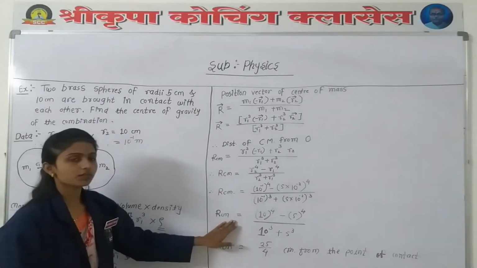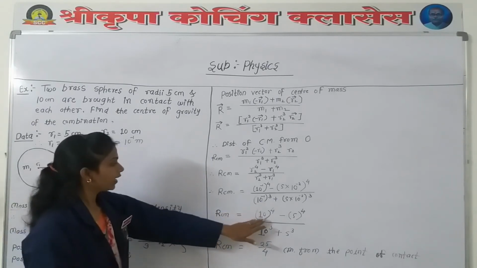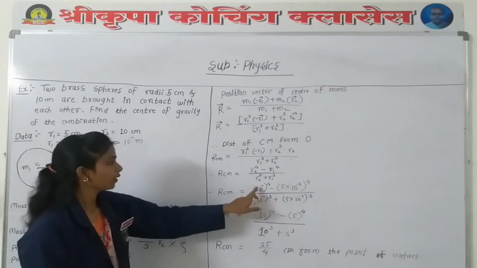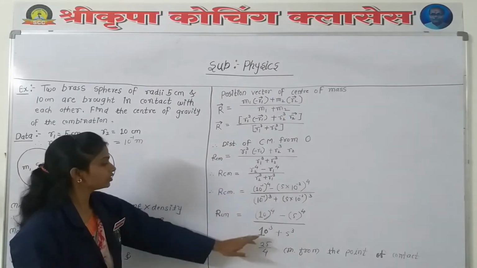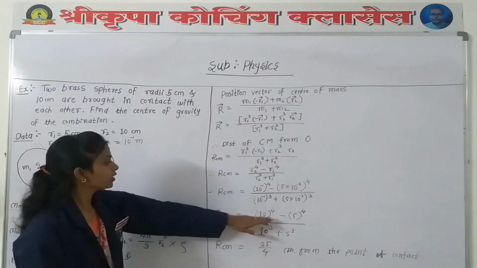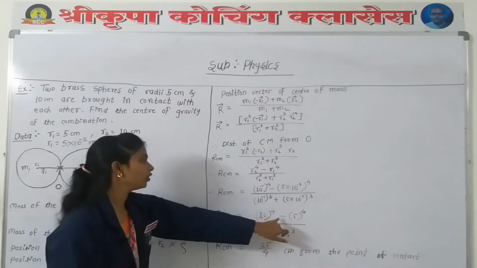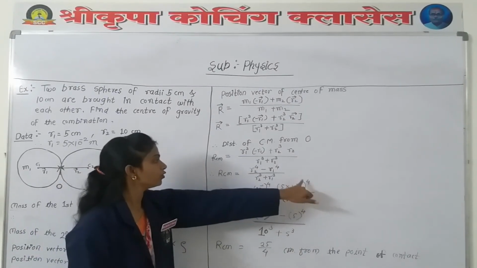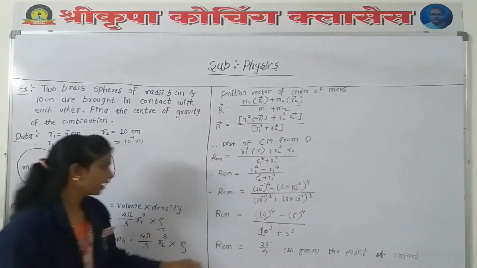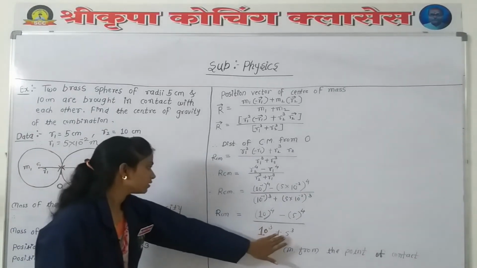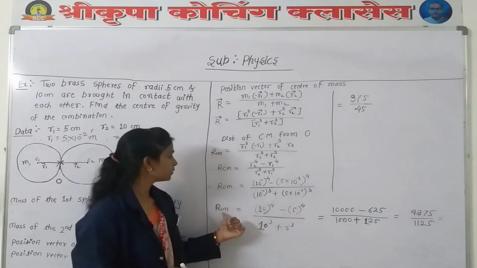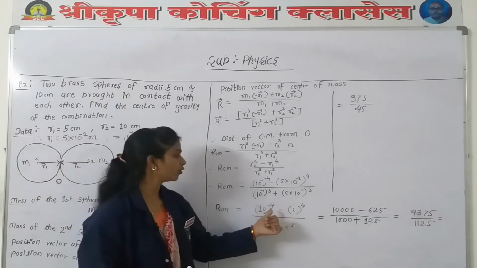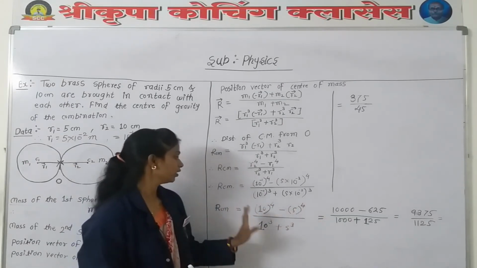Now on substitution we get 10 raised to power 4. The 10 raised to power minus 1 terms cancel each other. RCM is equal to 10 raised to power 4 minus 5 raised to power 4 upon 10 raised to power 3 plus 5 raised to power 3.